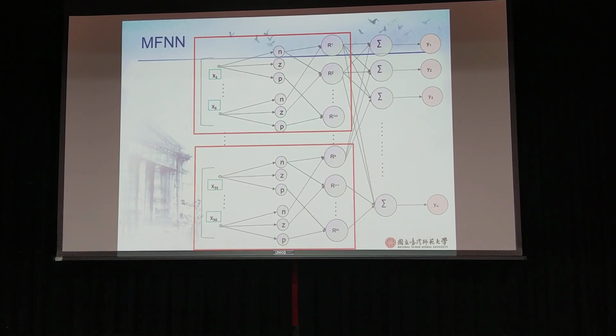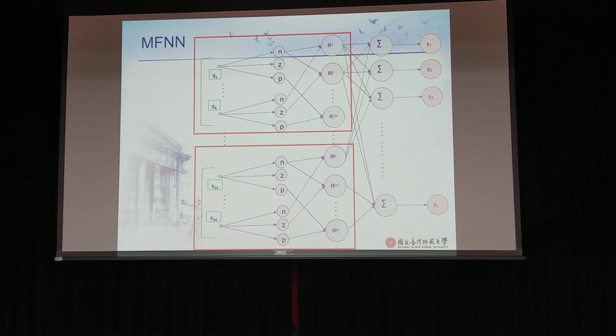And due to the large number of weight parameters generated when the number of input variables increases in traditional fuzzy neural networks, it consumes a lot of computational time and may even cause computational problems for users. Therefore, the merged fuzzy neural network is a solution that's designed to address this issue.